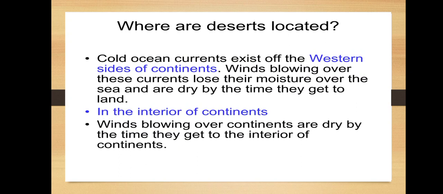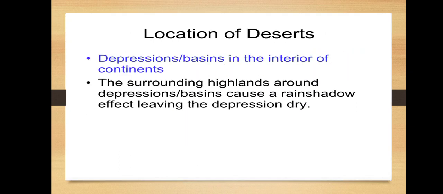In the interior of continents, winds blowing over continents are dry by the time they get into the interior. Also, depressions or basins in the interior of continents, surrounded by highlands, cause a rain shadow effect, leaving the depression dry.